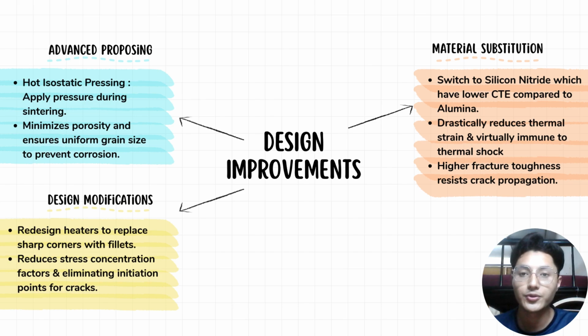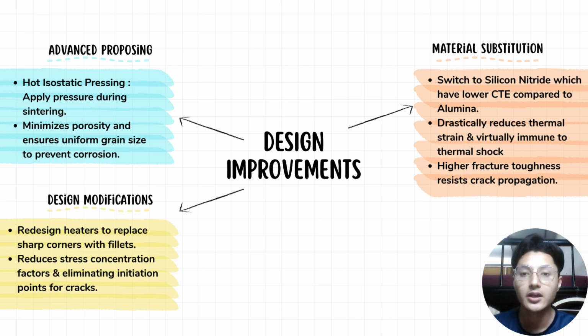So we propose three ceramic solutions. First is advanced processing. We apply pressure during sintering by hot isostatic pressing. This can minimize porosity. Secondly, we make a design modification, which is using a fillet instead of a sharp corner. This is because it can reduce the stress concentration factor.